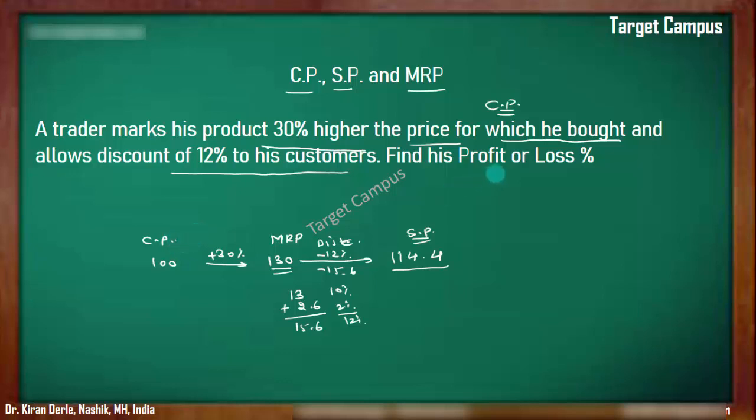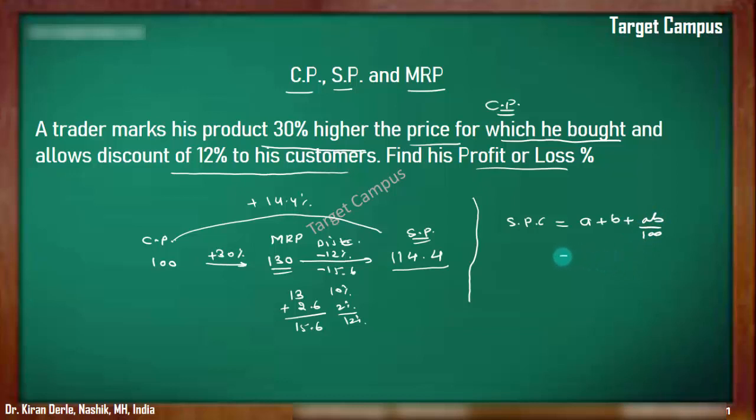And what is asked? The profit or loss percent. So what is the profit percent here? It is 14.4%. In the topic of percentages, we have seen successive change, so you can always go with that. Successive percentage change or net percentage change is equal to A plus B plus AB upon 100.